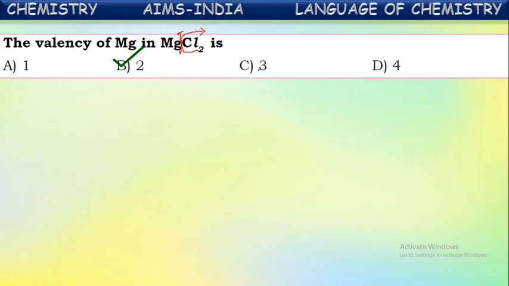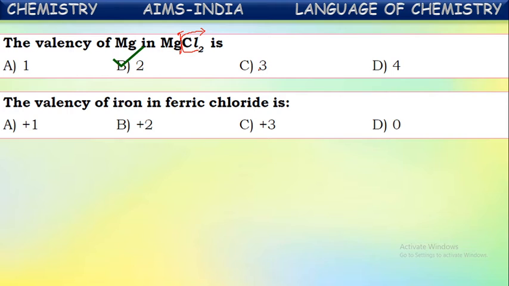Okay, next. The valency of iron in ferric chloride is... we know iron is also one of the variable valent elements, meaning it can exhibit more than one valency. Iron can exhibit two valencies generally, plus 2 and plus 3.